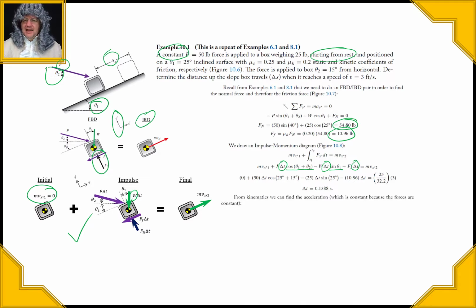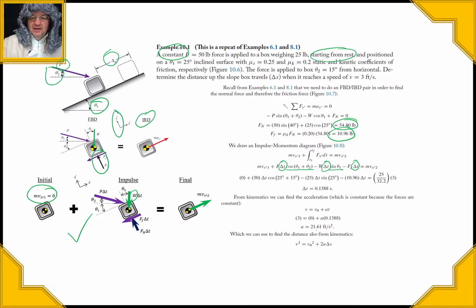So from kinematics now, we can find what that acceleration is, right? We have an initial velocity and a final velocity. The initial velocity is 0 right here. So we can find what the acceleration is going to be. And now from that acceleration, we can use the distance from this other kinematics relationship right here. I always think of them as the wild cards, the one that we forget about.